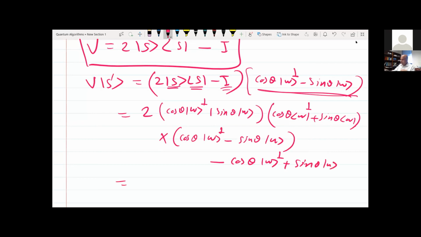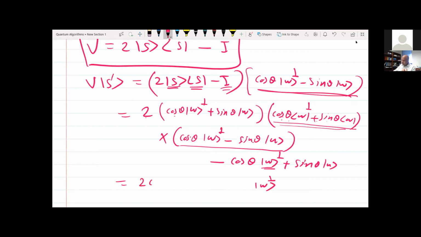Let's see what we get. When this one is inner product with this thing, we get cosine squared theta minus sine squared theta. And for this state, we now get 2 cos theta into (cosine squared theta minus sine squared theta).